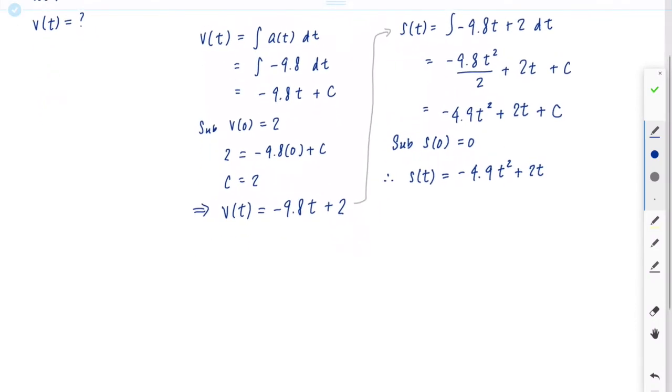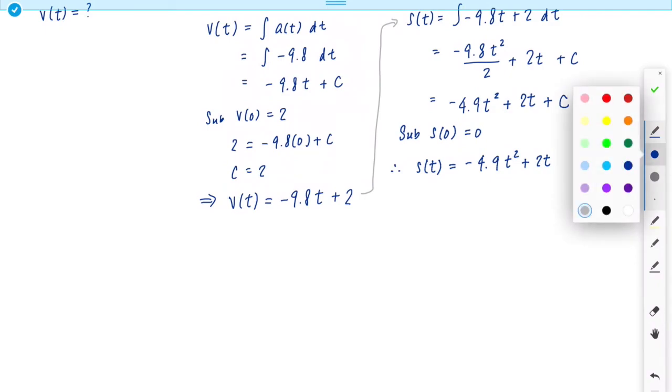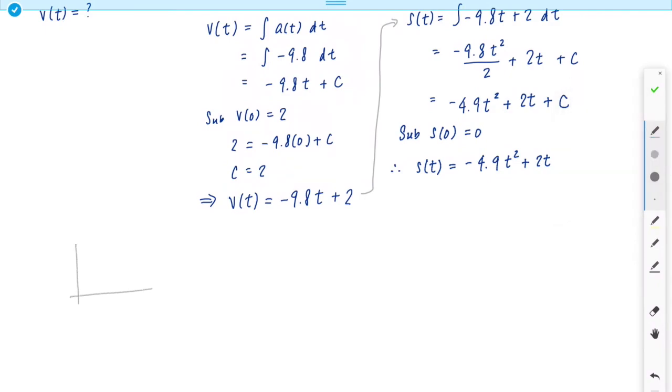If I make a rough sketch to get the idea straight, S of t versus t, I know that S of t is really t times negative 4.9 t plus 2. So I have a 0 here, another 0 somewhere here, and then it went up and comes back down. It's a parabola, opens down, it's symmetrical. Everything's good, right? So I need to know what time this is by solving this equation.